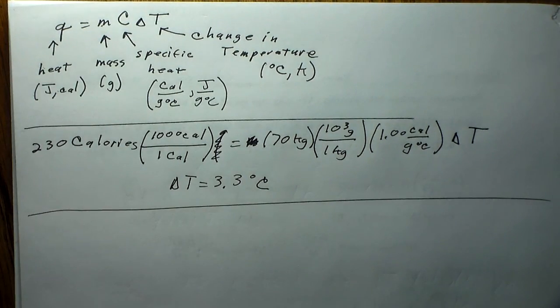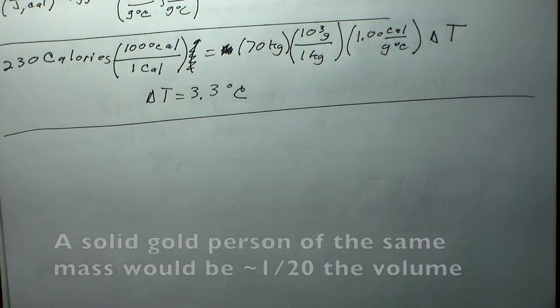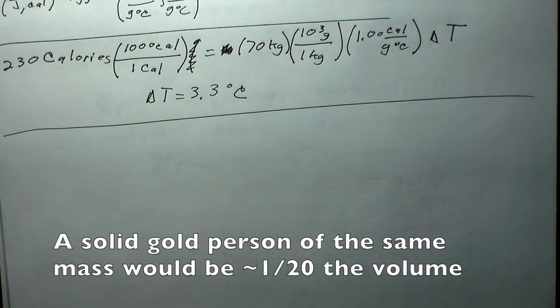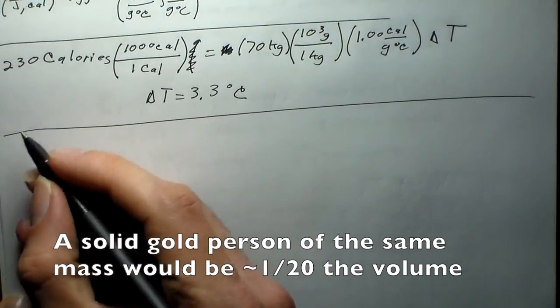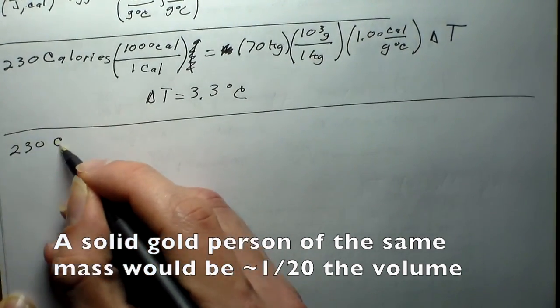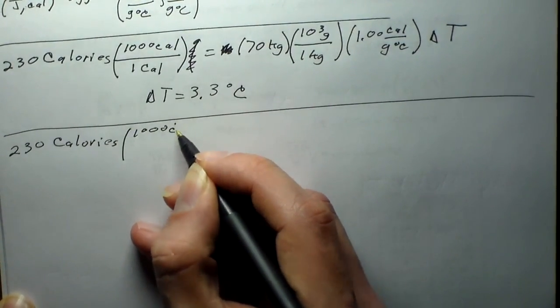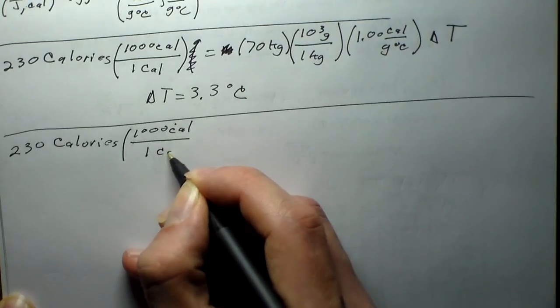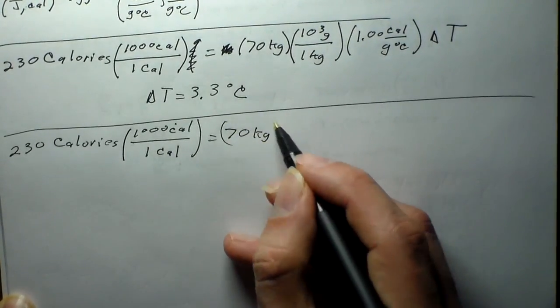Let's say a solid gold version of me, which would also weigh 70 kilograms, or we'll ignore the slight density differences between these. But let's just say here again our 230 calories, then our 1,000 little calories per big calorie is equal to 70 kilograms, and this time this is going to be of gold.